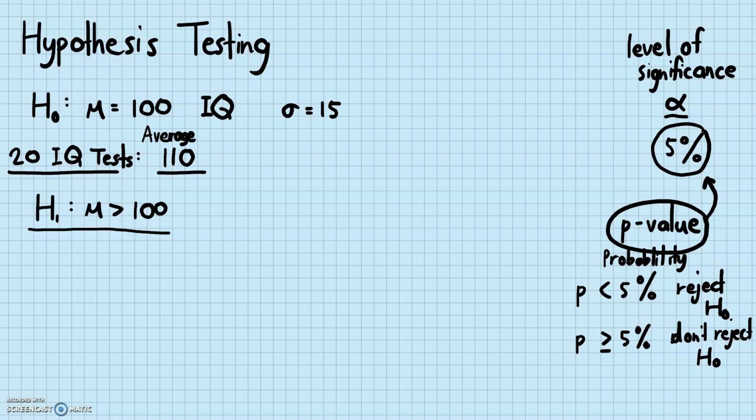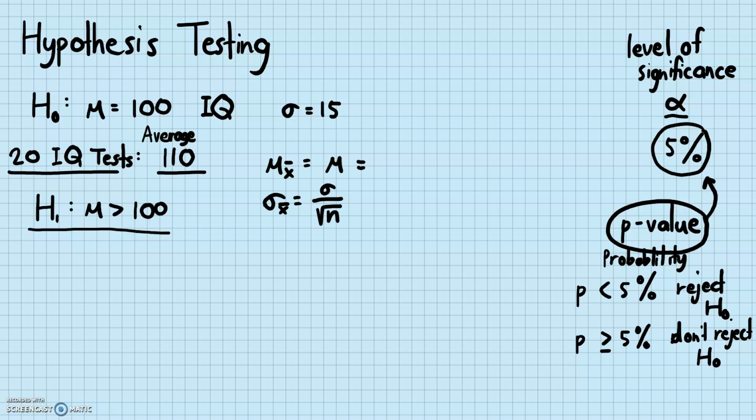We're using the central limit theorem, and if you remember, the mean of the average is the same as the original mean, and the standard deviation of the average is equal to the original standard deviation divided by the square root of n.